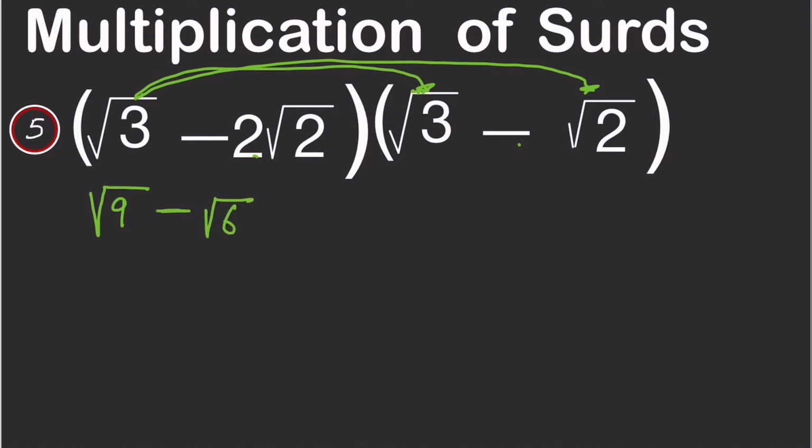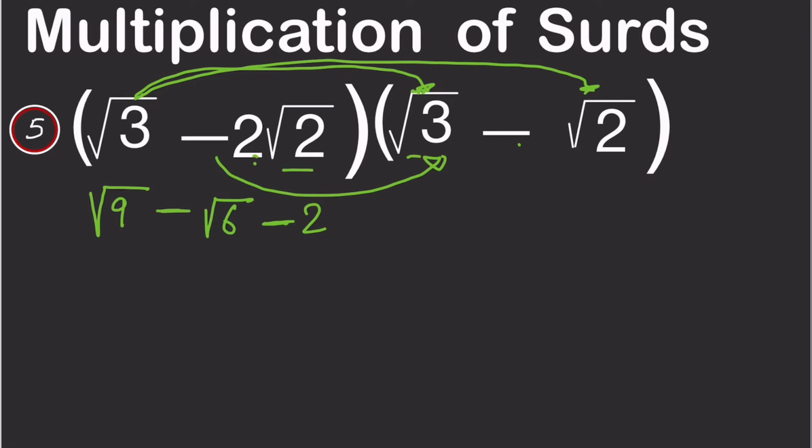Next, always look at the sign. Here is a minus number. We have minus 2 root 2 times root 3. So you write minus 2, starting with the minus because a minus times a plus is a minus. This 2 is not in the square root, so you write it separately. Then you multiply the square root and the square root.